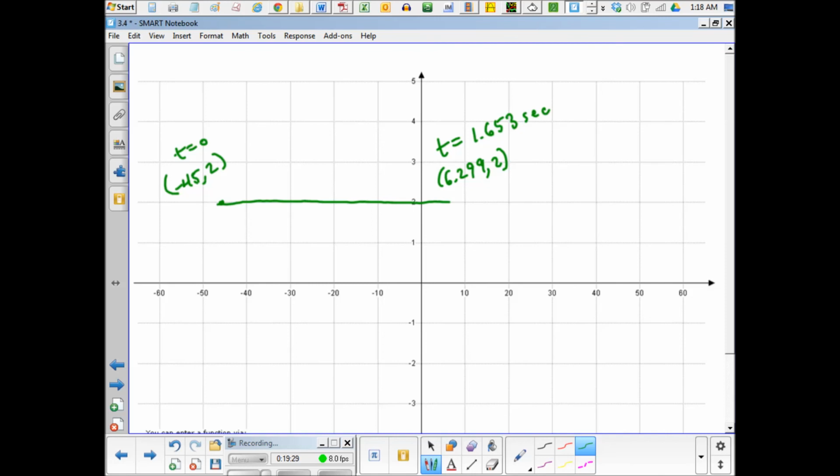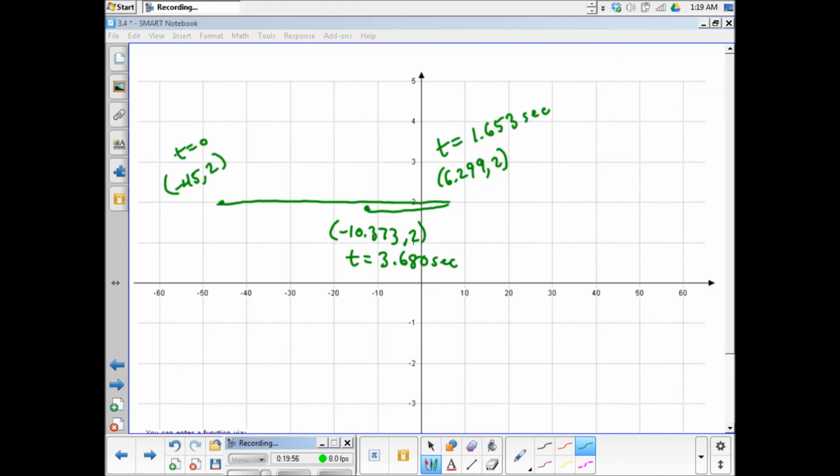The object then turned around, headed backwards to negative 10.373, 2, and that was at t equals 3.680 seconds. And then it turned around one more time and went to the right indefinitely.